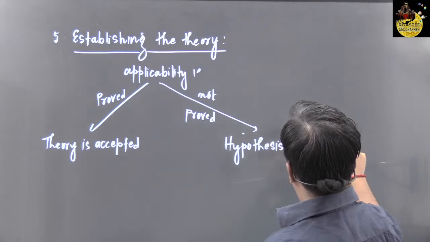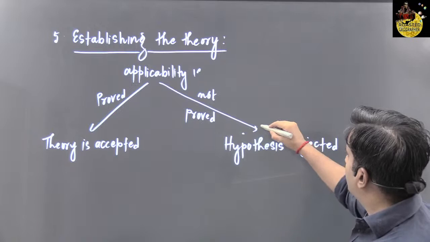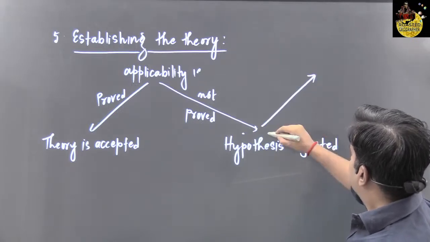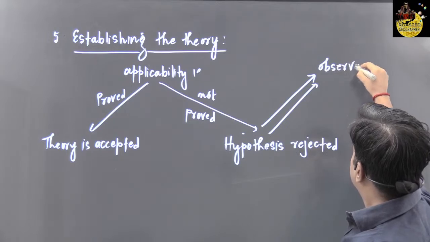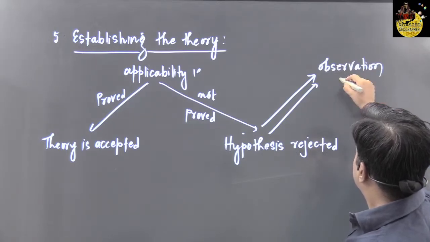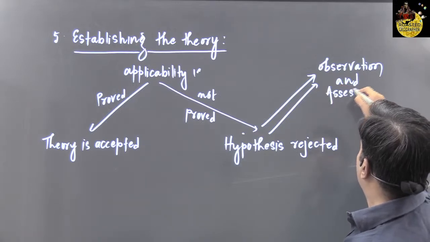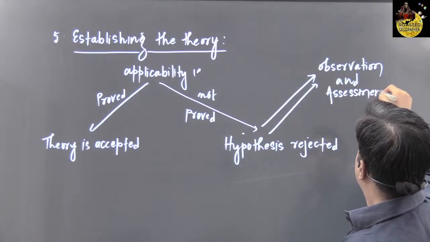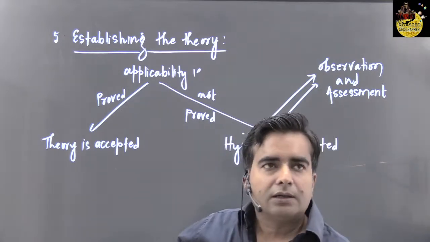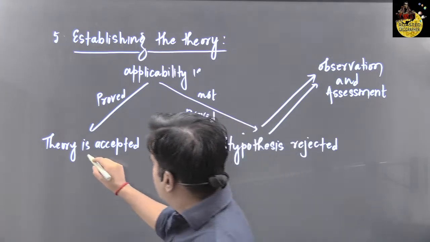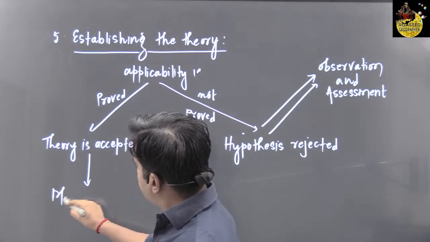Okay, and if the hypothesis is rejected, again you have to go back to observation and assessment. If you want to propose a theory, अगर आपको करना है, okay, and if this theory is accepted, then you go to the next stage, that is model formation stage.